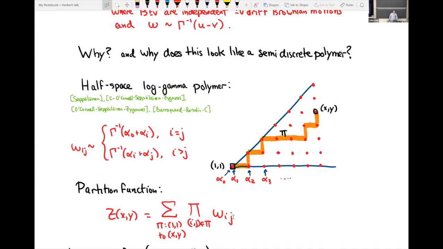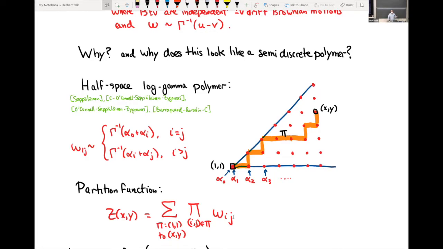Now, you can see either from the fact that this is a discrete version of that Feynman-Kac representation, or from the fact that there's a nice recursion relation for this partition function that's a version of the stochastic heat equation, that somehow this should be functioning at the level of the exponential of the KPZ equation. In other words, if I take the logarithm of Z, that should represent a sort of discrete height function.